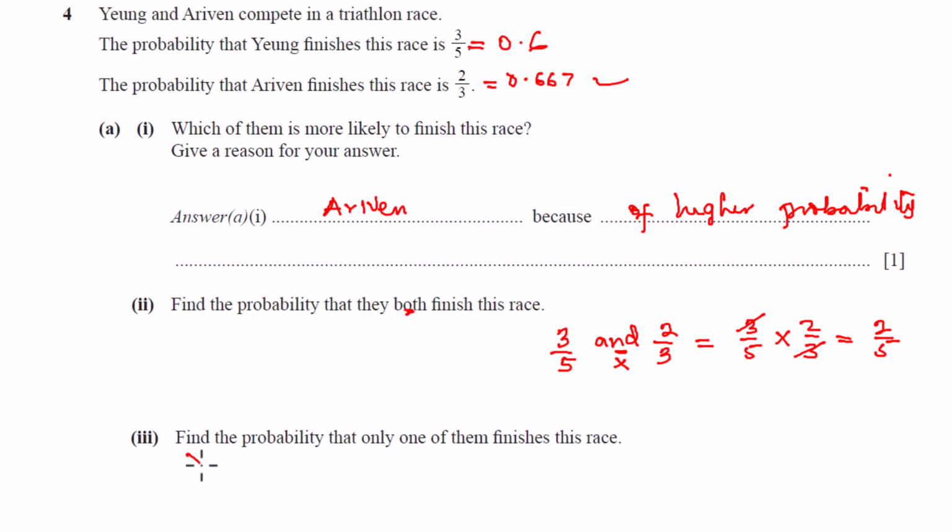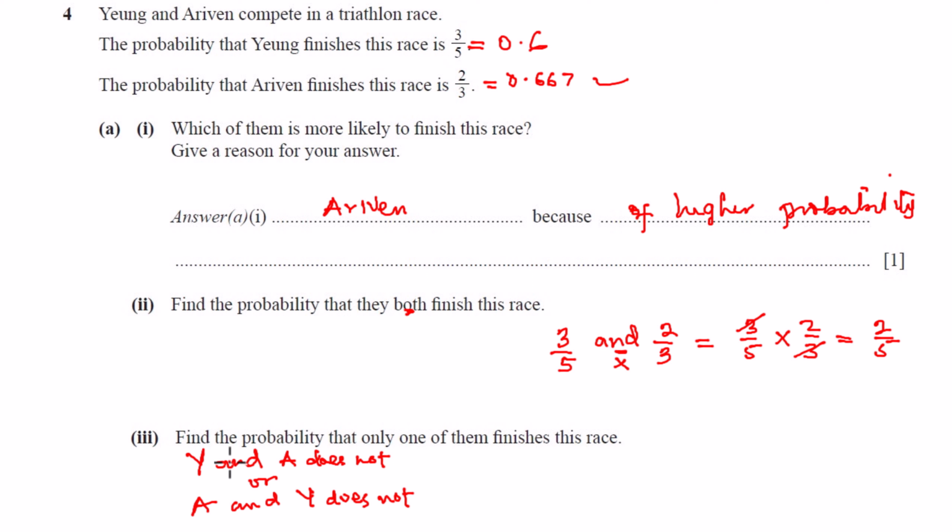Young finishes the race and Arivin does not, or Arivin does and Young does not. The understanding is that only one of them finishes the race.